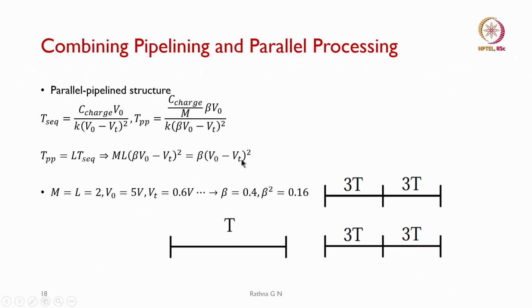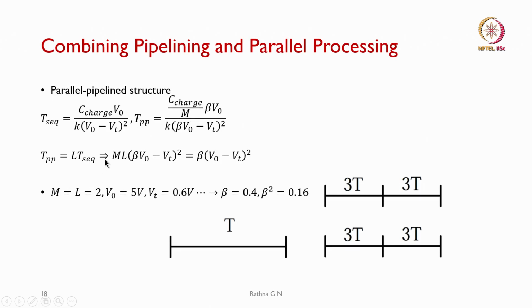So, now can we combine pipelining and then parallelism together and then try to achieve better voltage reduction? That is what we will look in this slides. What is it? We have the sequential as usual, and then pipelining we have C charge divided by M, whereas in the case of our parallel it becomes L times T sequential.